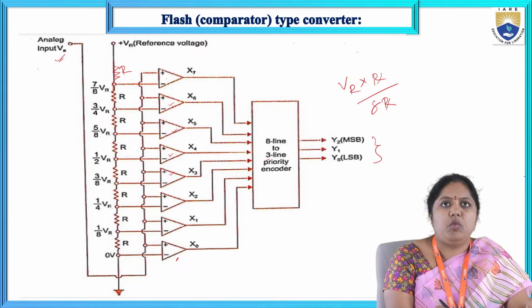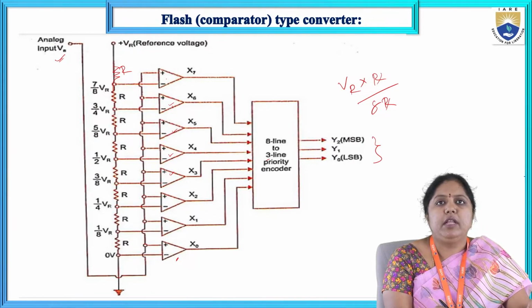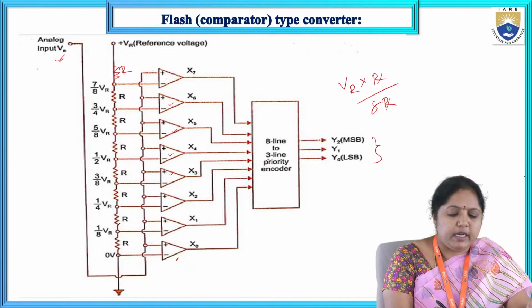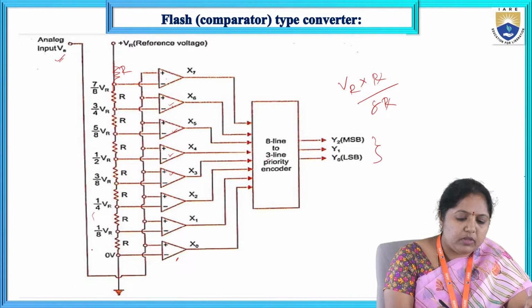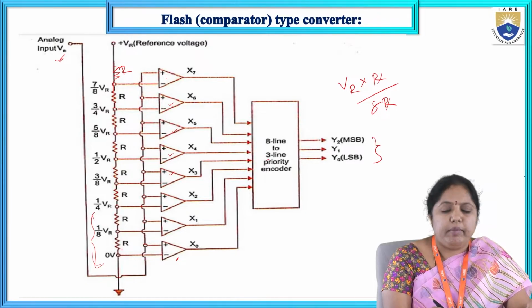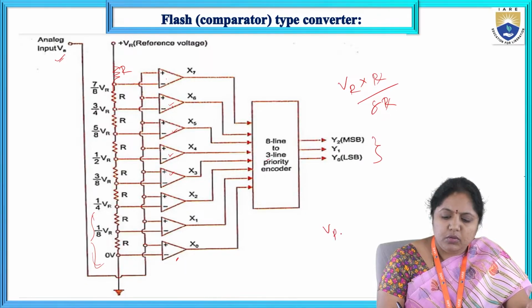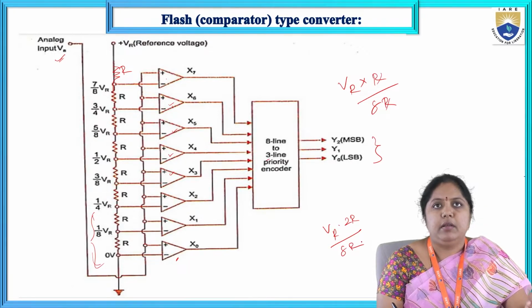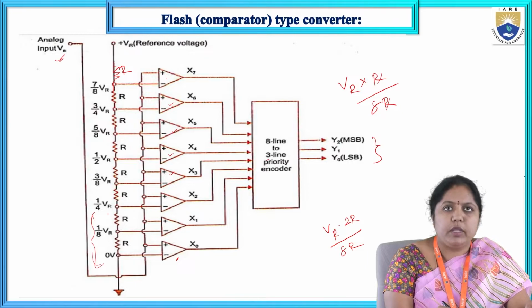Similarly, the voltage at this node equals VR into the sum of the resistance from this node to the ground, that is 2R, so VR into 2R divided by 8R. Like that, VR by 4 came into picture.